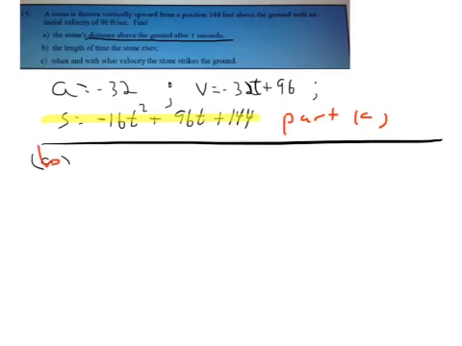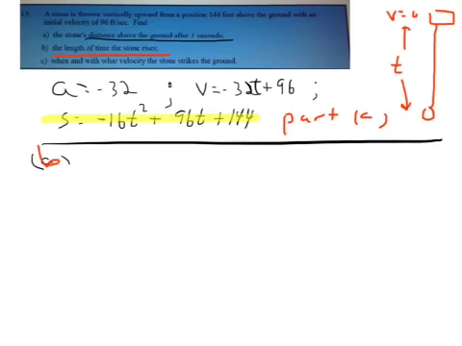And then for part B, the length of time the stone rises. If we think about something going up, it's going to go up and slow down and slow down. And then at the very top of its path, the time that it takes to go up is really asking the time that it takes for its velocity to become 0. Because once it comes to a velocity of 0, then it's going to start going down.